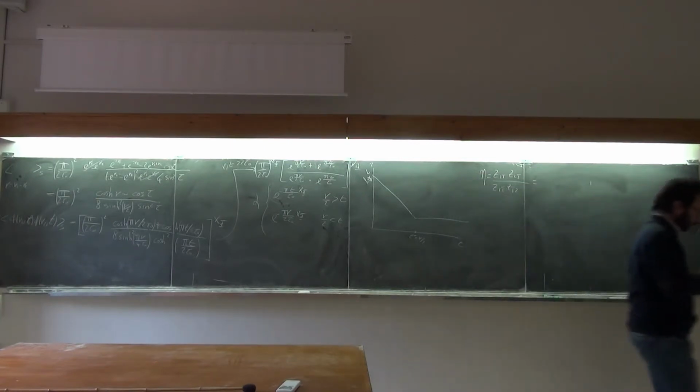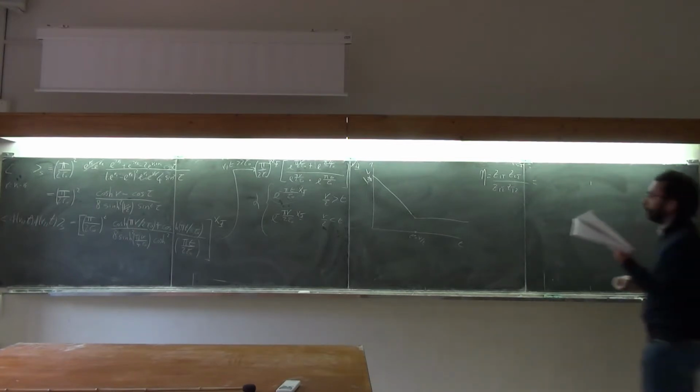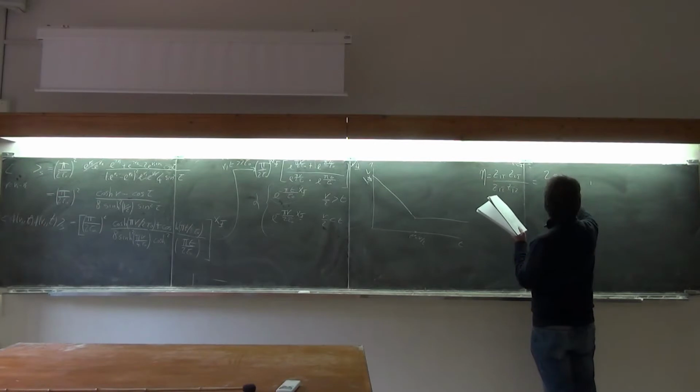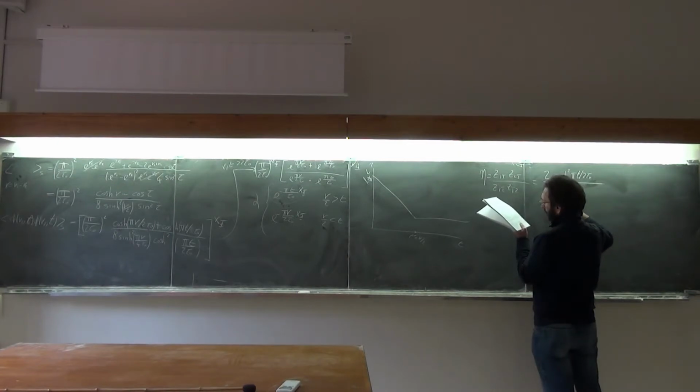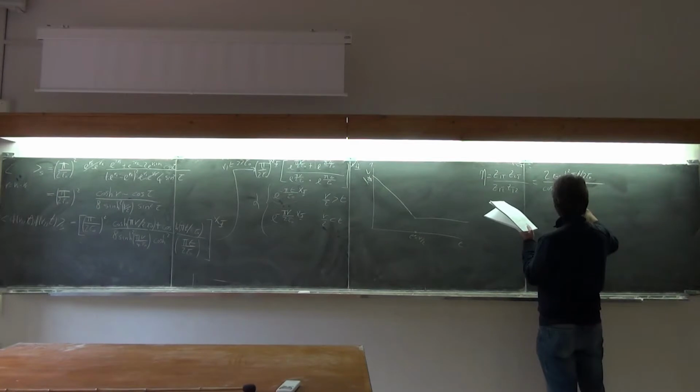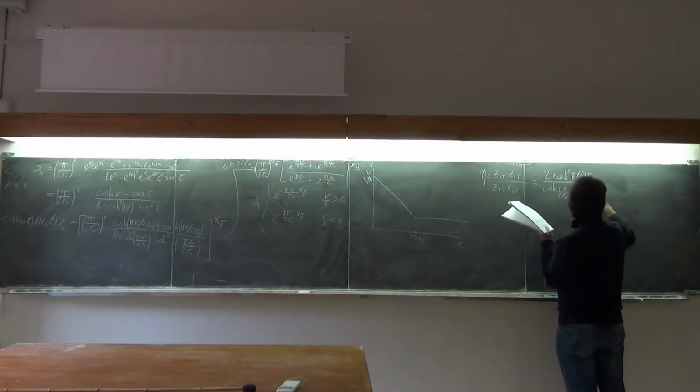If we put the dependence on time, what we get here is 2 sinh square of pi t divided by q tau naught, divided by cosh pi r divided by q tau naught, minus, cosh plus cosh pi t divided by q tau naught.